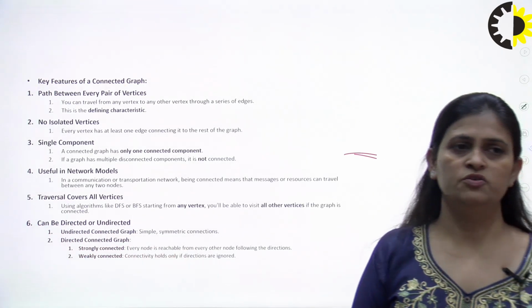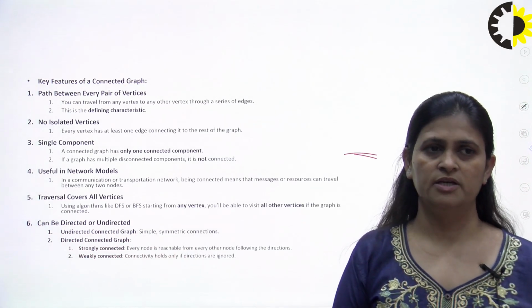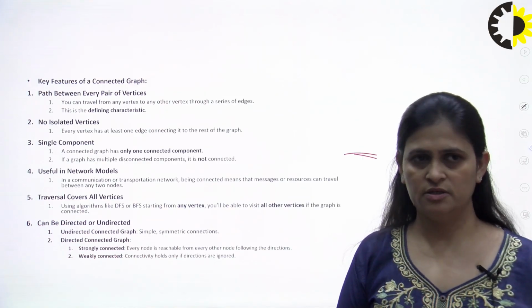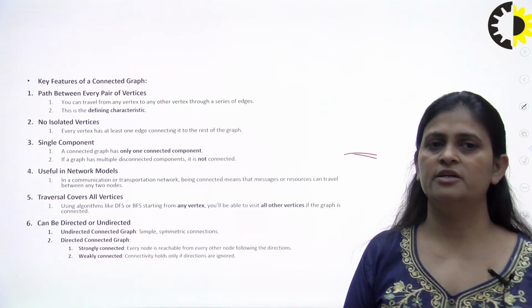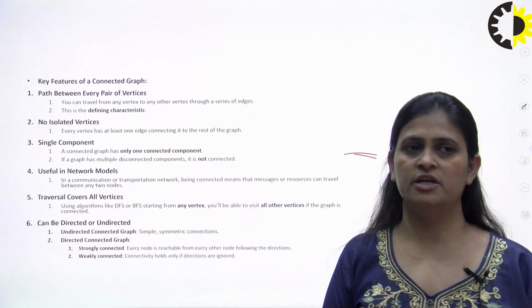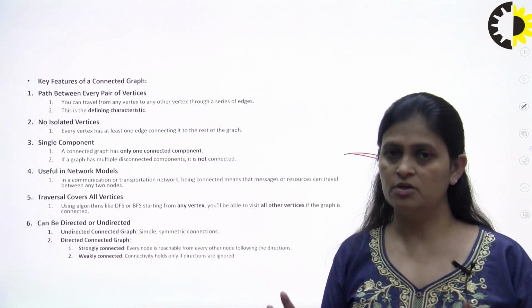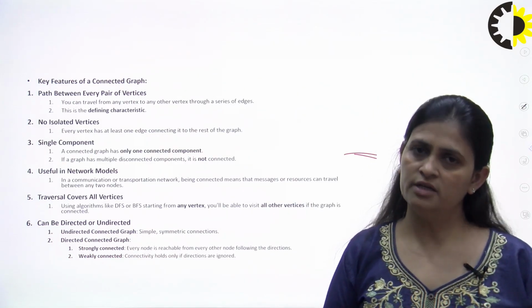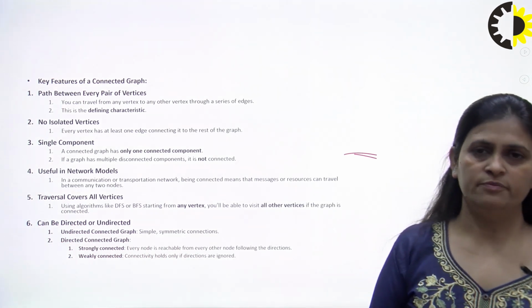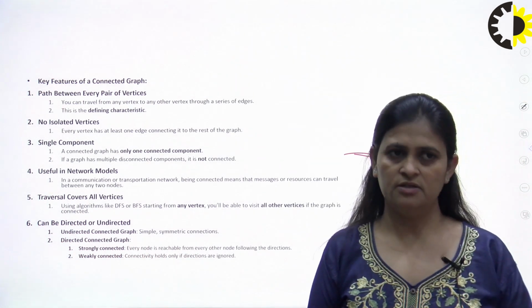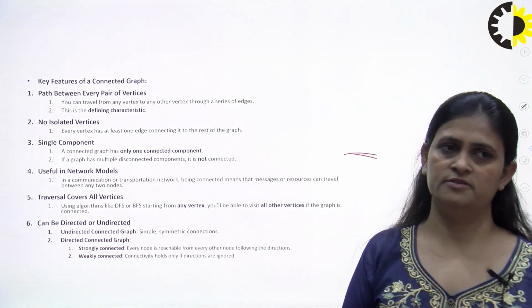Fourth one is that it is useful in network models. In a communication or transportation network, being connected means messages or resources can travel between any two nodes. Fifth one is that traversal covers all vertices.